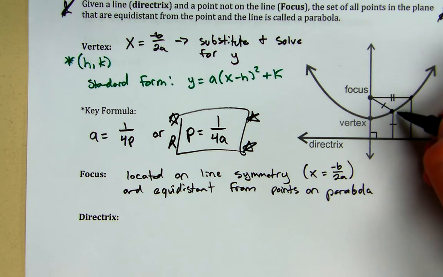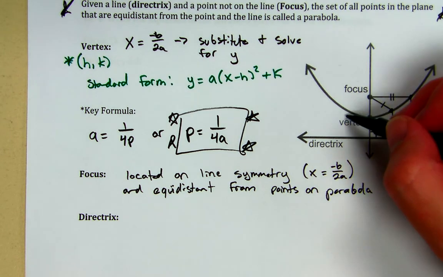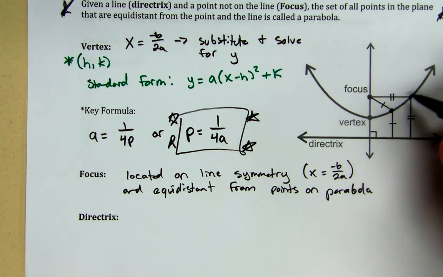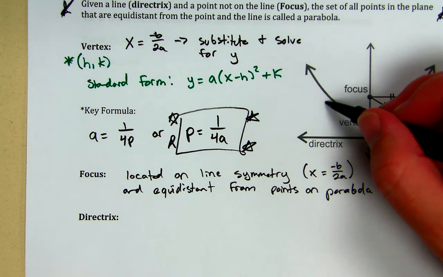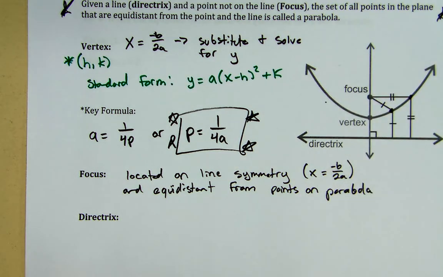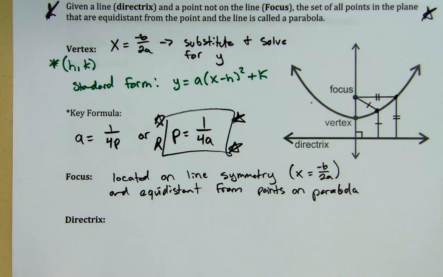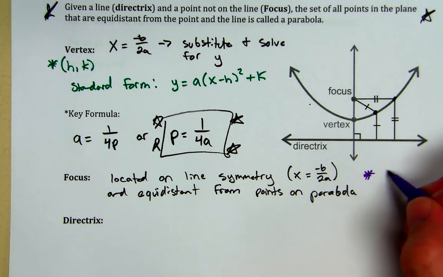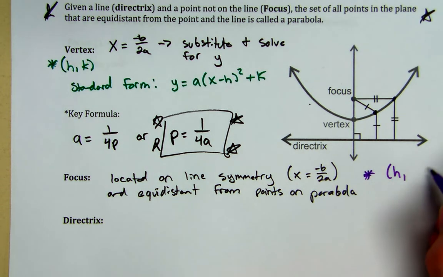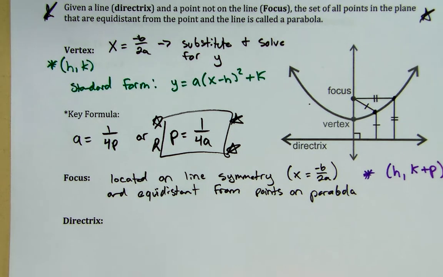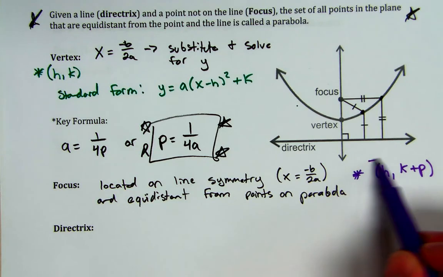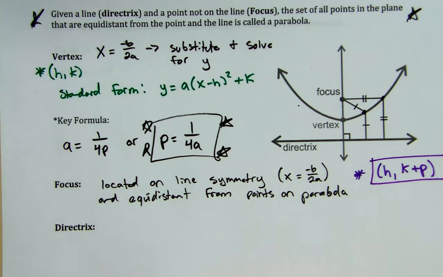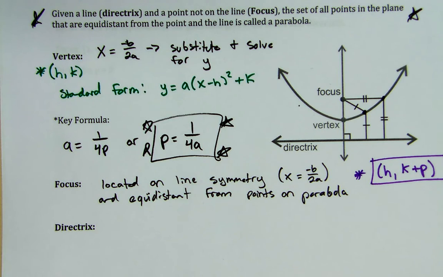Basically that's saying, take this point, it's equidistant from its partner over here. Again, take this point, it's equidistant from its partner on the other side. So how do you find this? This is the key thing. It is (h, k), the vertex, where you take y and add p to it. That's why we need to find our p. So again, formula number 1, very important.